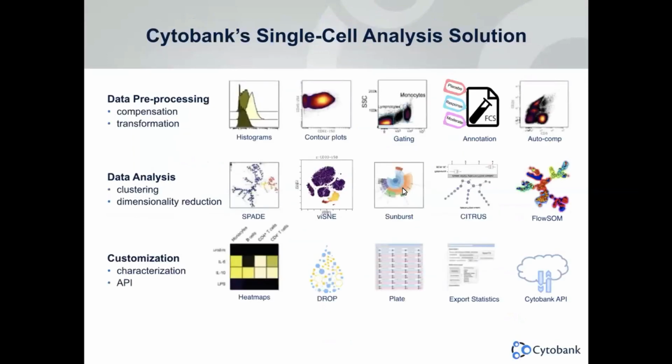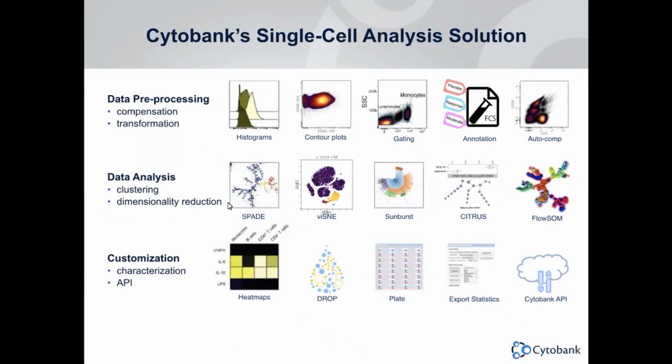Before we jump to Citrus, I'd like to introduce some of the key functionalities in Cytobank. We have a whole suite of data analysis tools. We see data analysis as a pipeline workflow. The first step is data pre-processing, which includes compensation, scale transformation, and pre-gating to get clean quality data for downstream analysis.